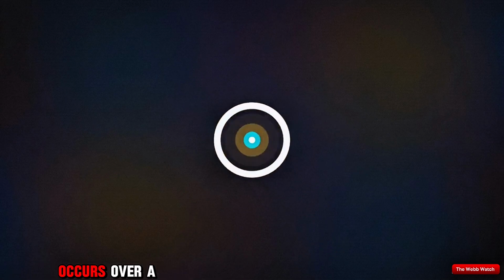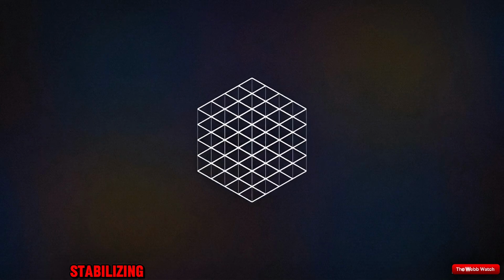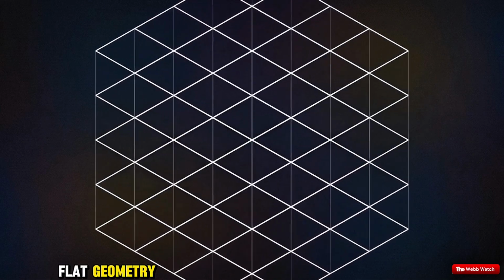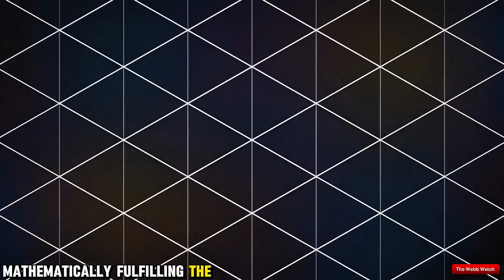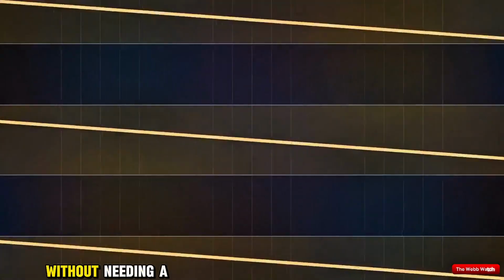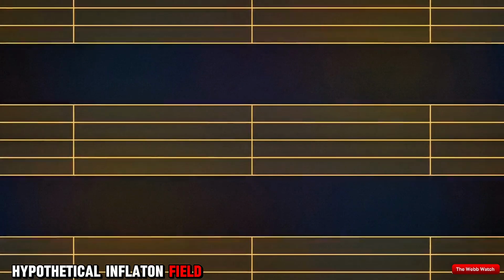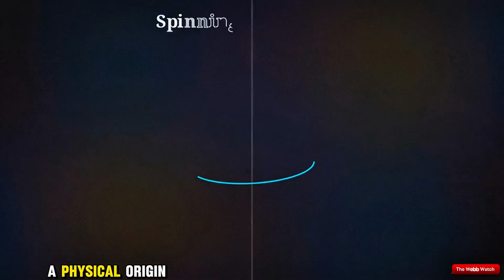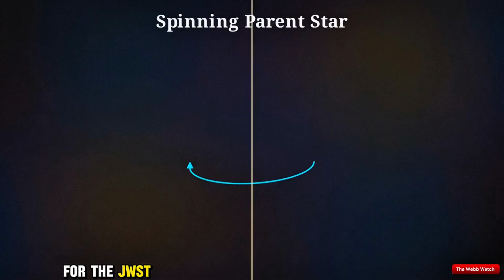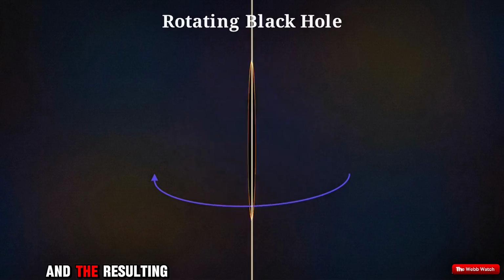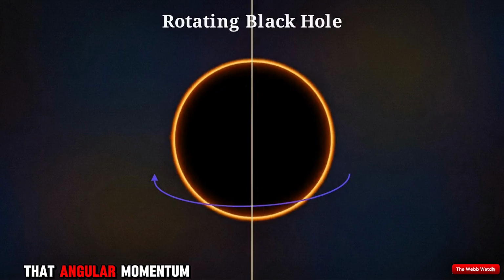Because this rebound occurs over a finite period before stabilizing, it creates a flat geometry, mathematically fulfilling the requirements of the inflation theory without needing a hypothetical inflaton field. It also provides a physical origin for the JWST rotation anomaly. Black holes form from spinning stars, and the resulting event horizons retain that angular momentum.